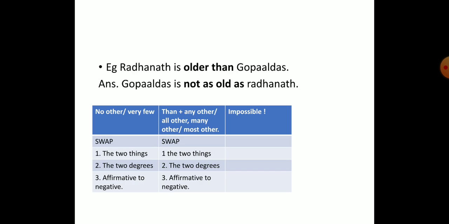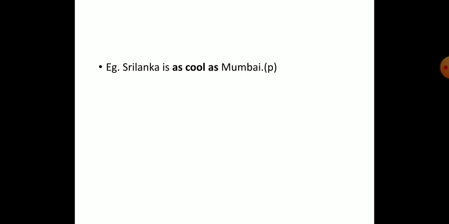So now it's time to recapitulate what we learned today. Let's practice it. It is an easy concept to understand properly. Let's take an example: Sri Lanka is as cool as Mumbai. Which degree is this first? First of all, we are supposed to change the degrees as I told you.